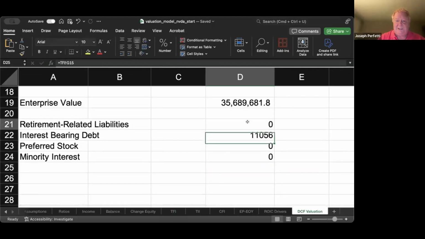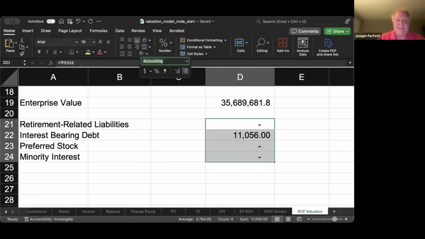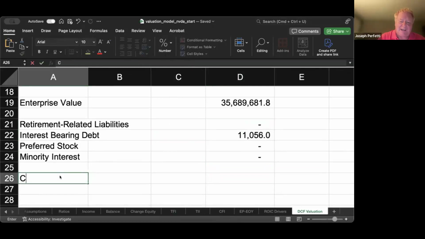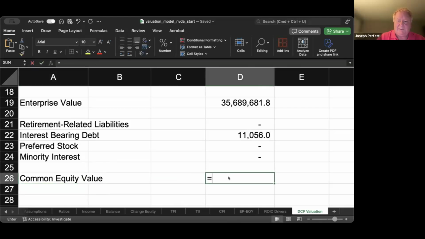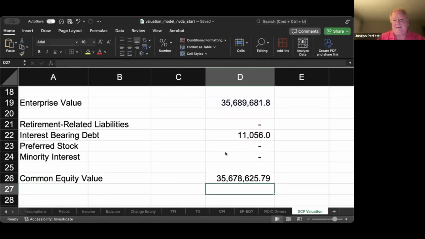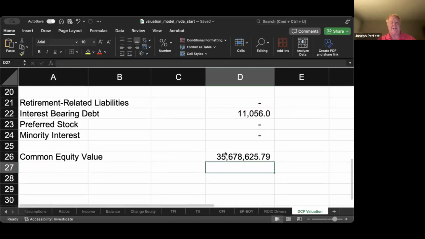So if I format this to one decimal place, if we paid all the non-common equity holders, which in this case is really the interest-bearing debt, what we'd be left with is a common equity value, which equals the enterprise value minus the sum of those four items. That would leave a common equity value of 35.7 trillion.